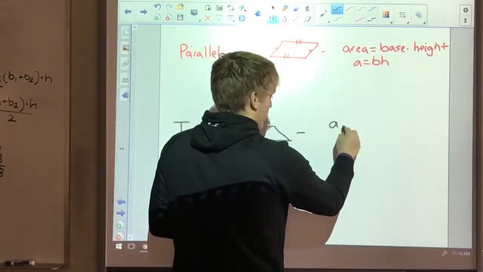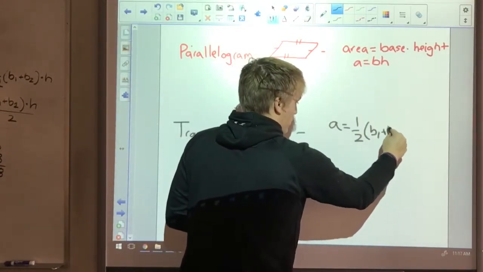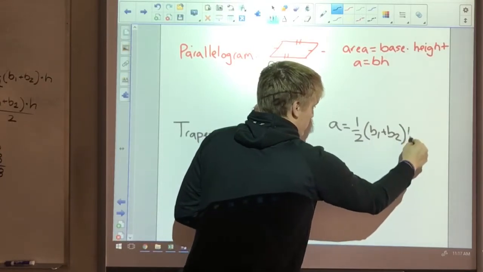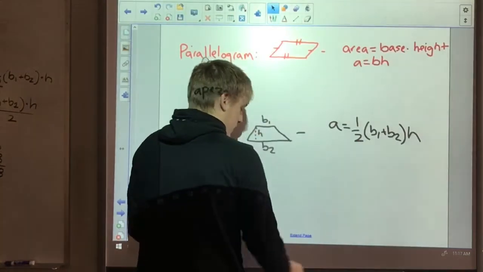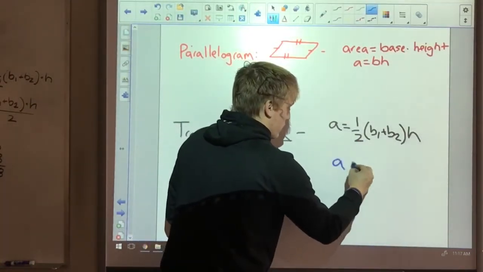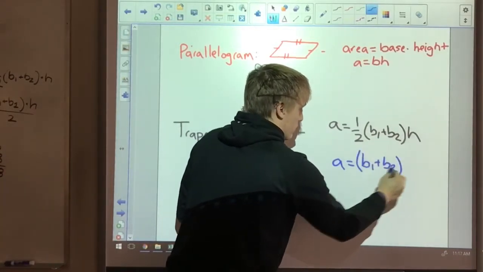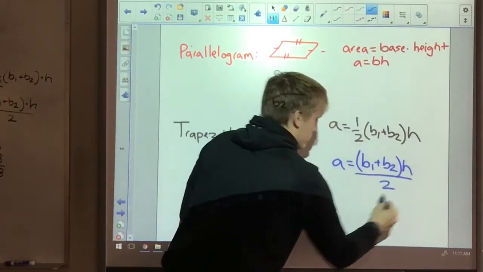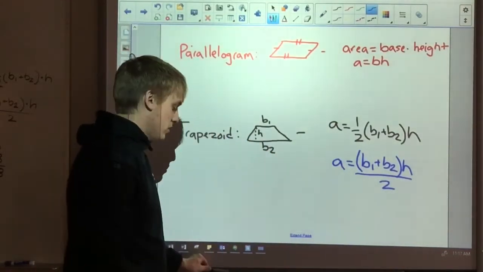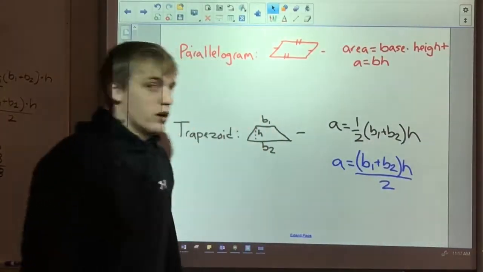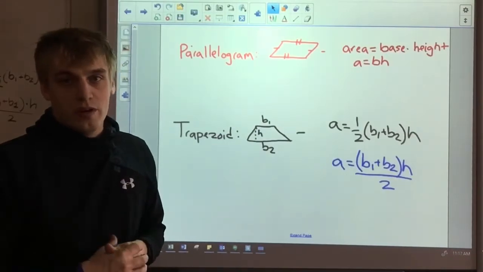So the first one is area equals 1/2 times base 1 plus base 2 times height. Okay, the second way, and the way that I think is easier to use, is when we write it like base 1 plus base 2 times height divided by 2. Okay? And that's the formula for our last polygon that we're going to talk about.